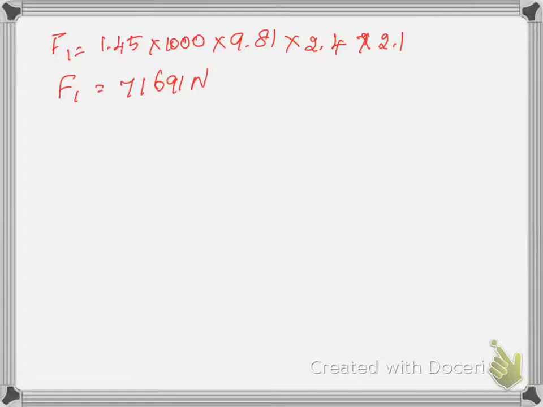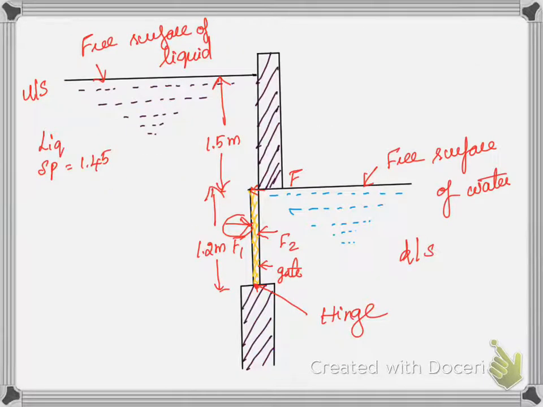Okay. Next, I have to get the value of F2. The same formula, which is rho into G into A H bar. So here on the downstream side, you are having only the water, so there will not be any specific gravity. So rho water is going to be 1000 and G is 9.81, and again H2 bar is nothing but the depth of center of gravity of the gate from the free surface of water.